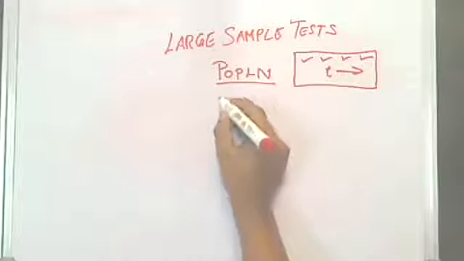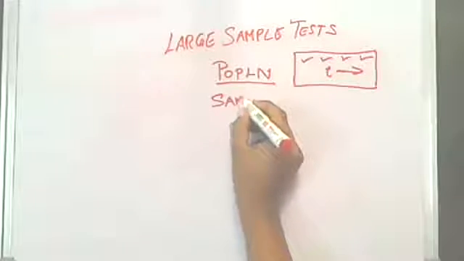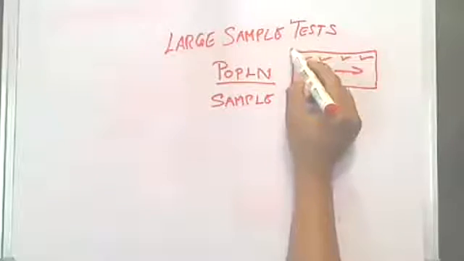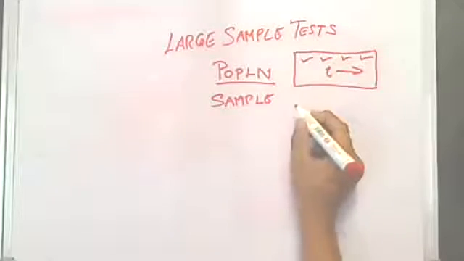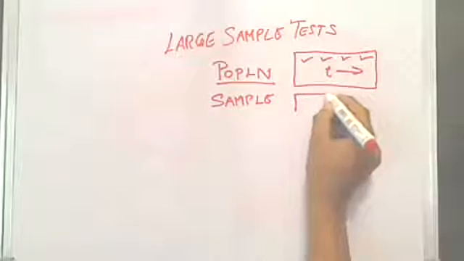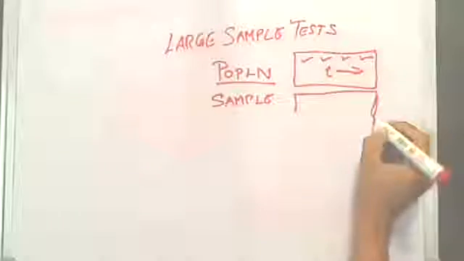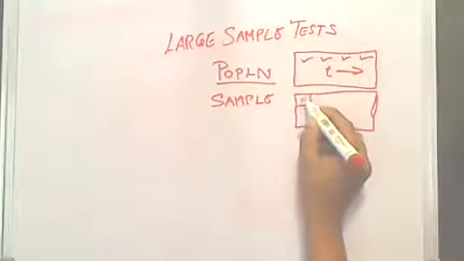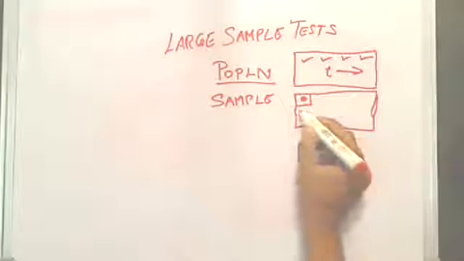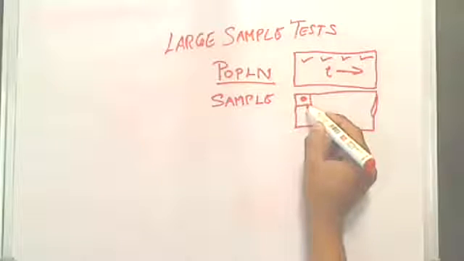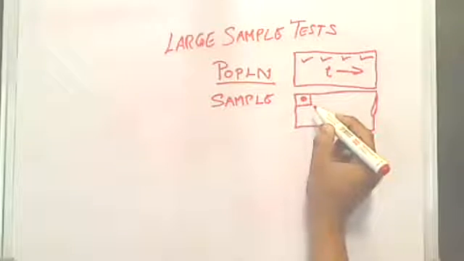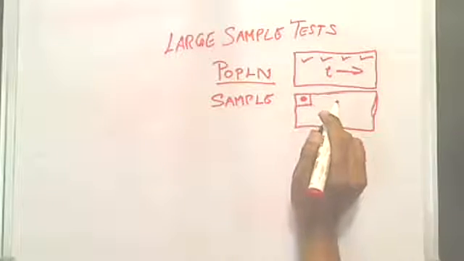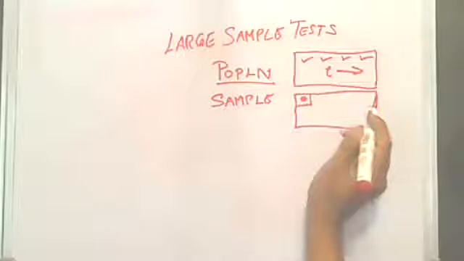Instead, what you do is you take a sample of this population, which means rather than me taking the whole thing here, I end up taking a small part of this. That is, this is not going to be the entire thing I'll study. Instead, I'm going to just study this much. And when I study only this much, it makes my research so much easier. Now, this is what you do when you do statistical large sample tests.